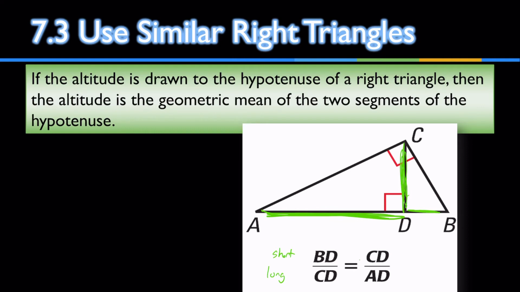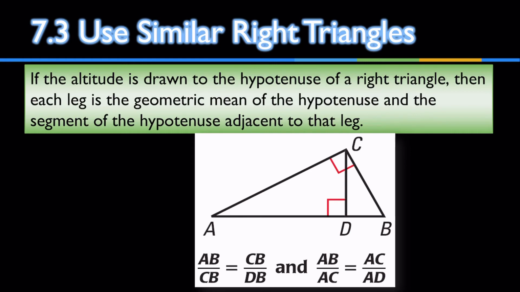So then we could cross multiply, and you would have CD squared equals BD times AD, and then you could square root. The square root of the two things multiplied together is the geometric mean, and that's the two parts of the hypotenuse. So the altitude, CD, is the geometric mean of the two parts of the hypotenuse.